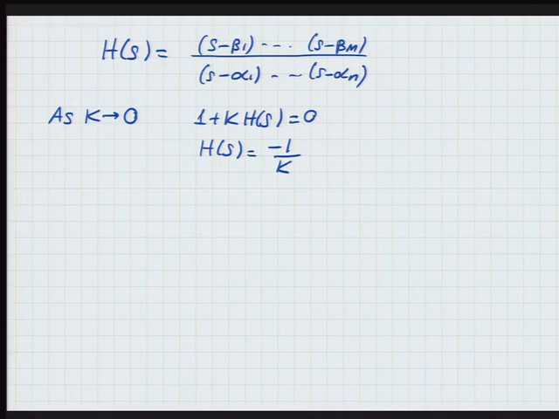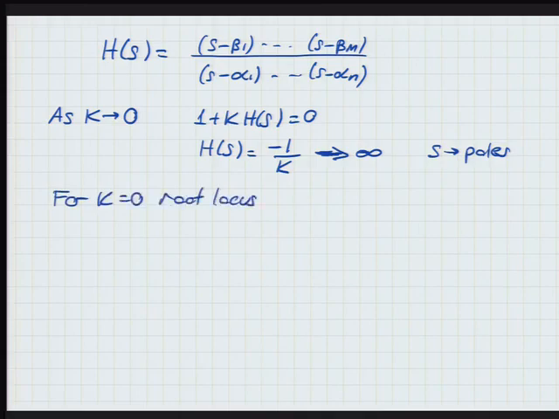So that means s is going to the poles. So for k equal to 0, the root locus is at the open loop poles.